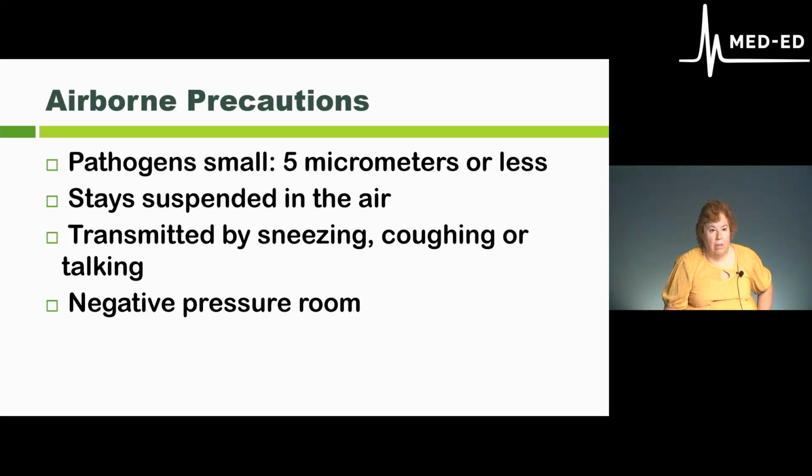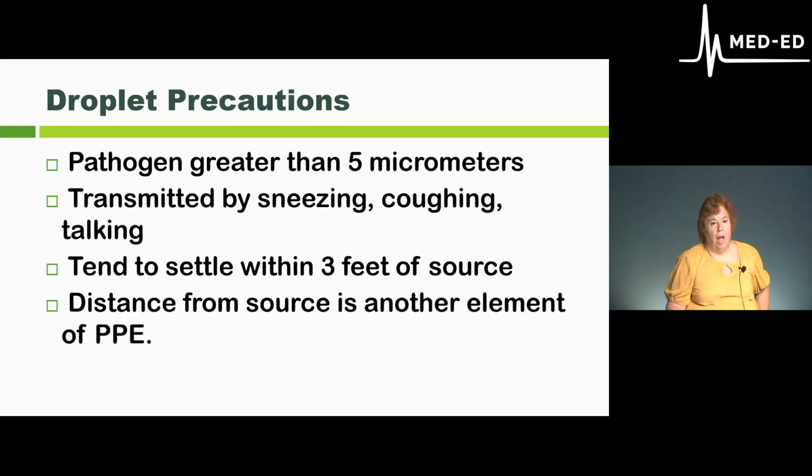Airborne pathogens, this is when the pathogen is small. It's 5 micrometers or less. It stays suspended in the air. It's transmitted by sneezing, coughing, or talking. And what we want to do to prevent this microorganism from affecting other areas of the hospital is to use a negative pressure room.